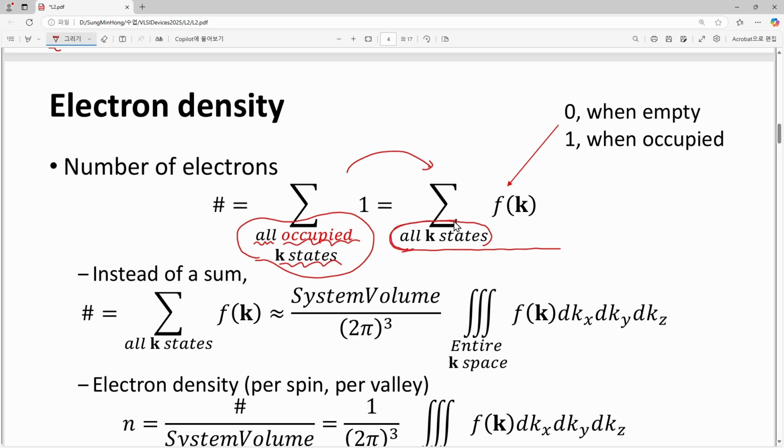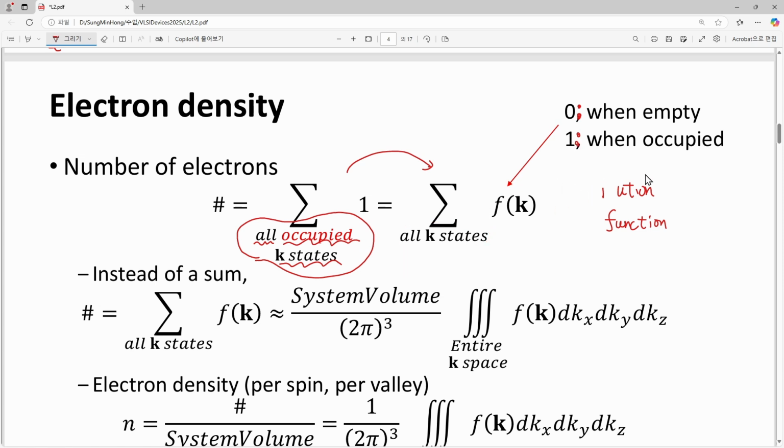So you can just write it down in that way. Instead, here we introduce a function called the distribution function, and it has this property. It is 0 when the state is empty, and it is 1 when it is occupied.